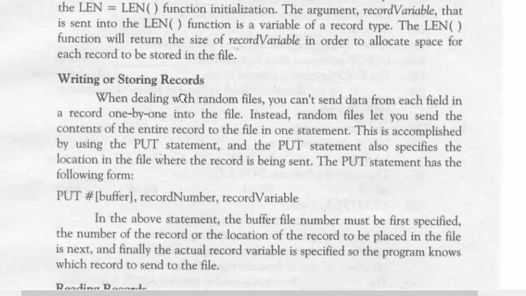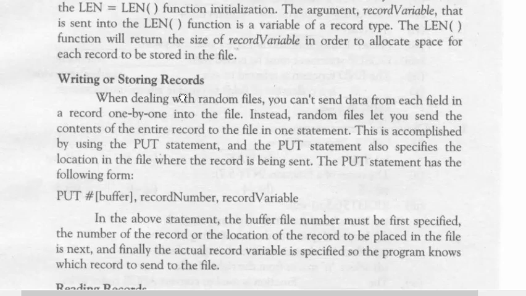Writing or storing records. When dealing with a random file, you cannot send data from each field in a record one by one into the file. Instead, a random file lets you send the content of the entire record to the file in one statement. In sequential files, you send your data one by one, but in random files, your data is sent at once. This is accomplished by using the PUT statement, which also specifies the location in the file where the record is being set.